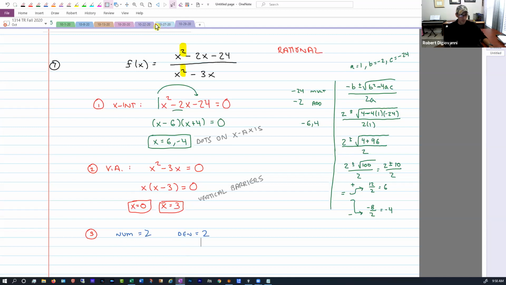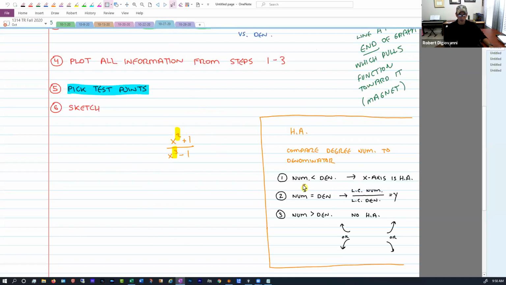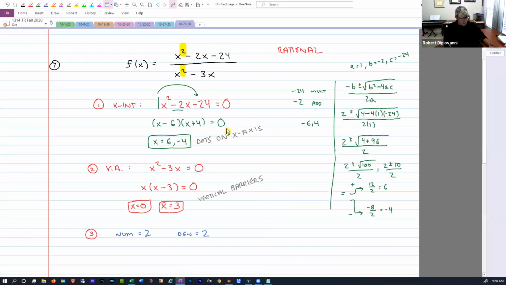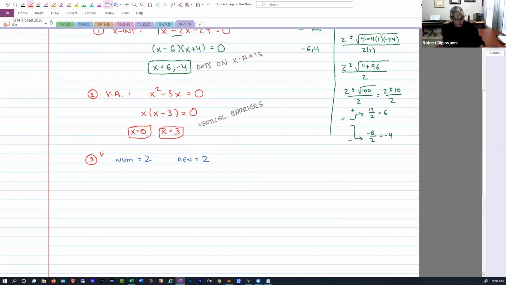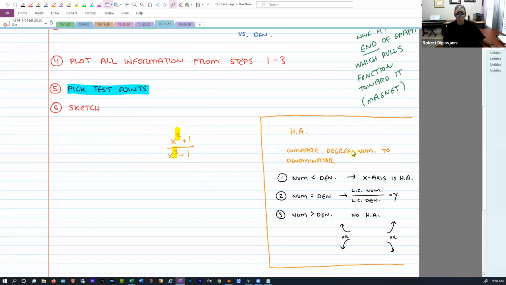I'll go back to the notes from last class. To find the horizontal asymptotes, did I put horizontal asymptotes? I never put what we're doing. Okay, horizontal asymptotes is what we're doing on step 3. What we do is compare the degree of the numerator to the denominator. If the numerator is less than the denominator, this is what happens.